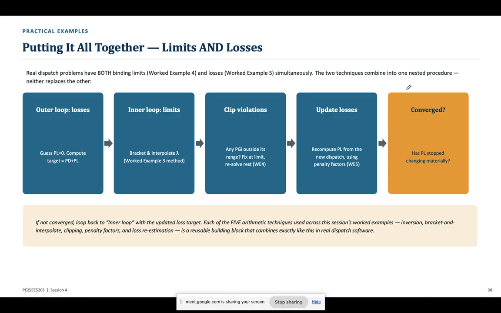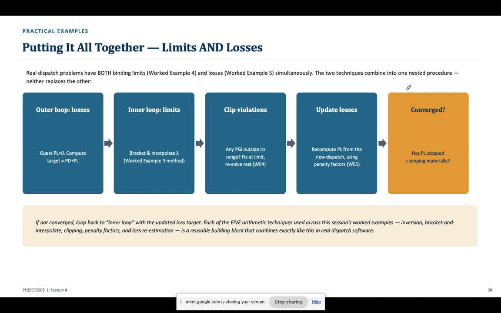If the new loss differs materially from the previous estimate, the generation target changes and we repeat the inner dispatch. Eventually, the loss estimate and dispatch become mutually consistent. At that point, the outer loop has converged, right?